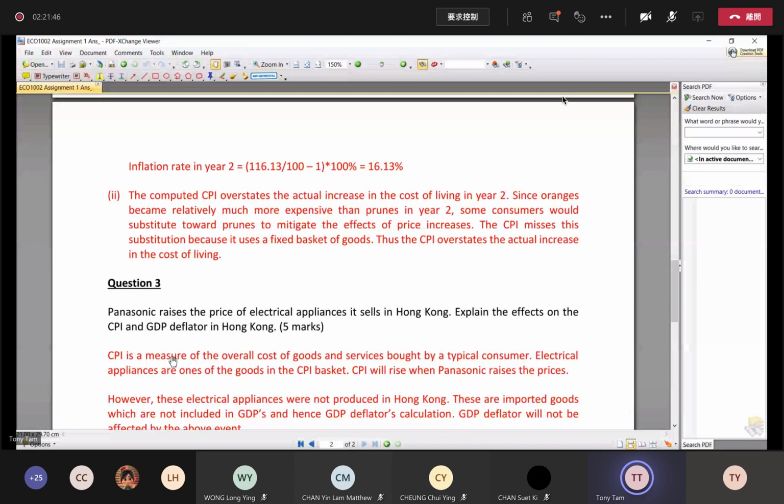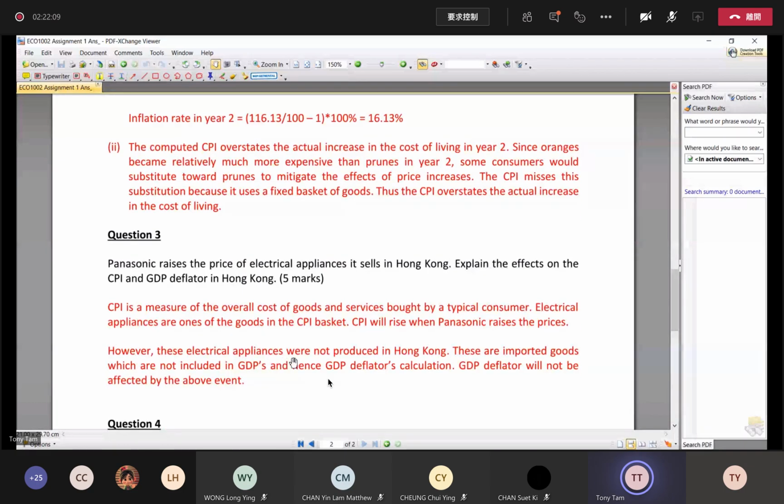So if Panasonic raised the price of the electrical appliances, it means that the buyers in Hong Kong, the consumers in Hong Kong, will pay more. It will increase the cost of living here. So CPI will go up, just like that, right? One mark each.